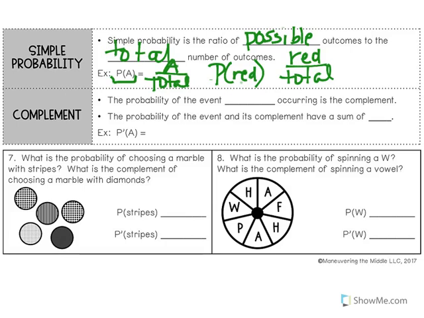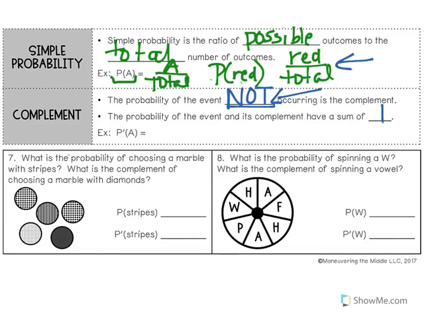The complement is the probability of the event not occurring. And when you add what happens to the not, you equal the sum of 1, because anything plus the opposite is going to equal 1.